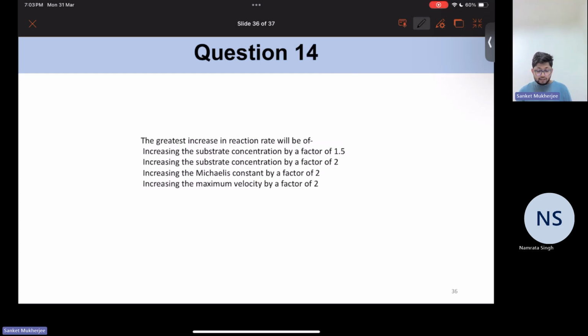The greatest increase in reaction rate will be by increasing the substrate concentration by a factor of 1.5, increasing the substrate concentration by a factor of 2, increasing the Michaelis-Menten constant by a factor of 2, or increasing the maximum velocity by a factor of 2. For this, we need the Michaelis-Menten equation.